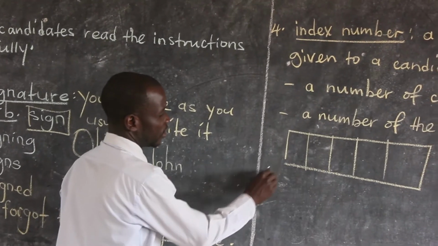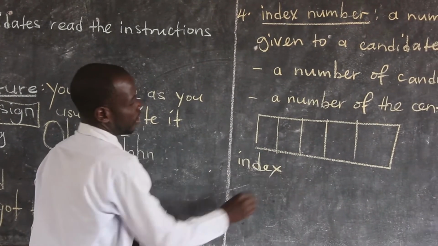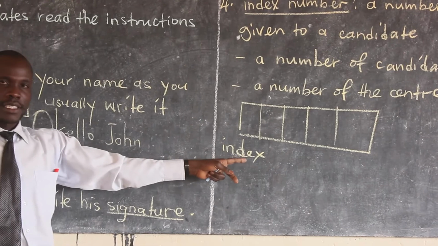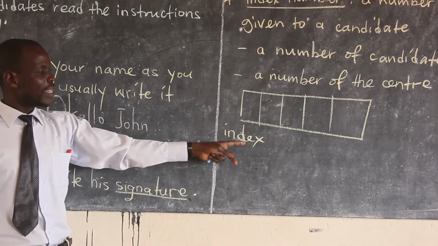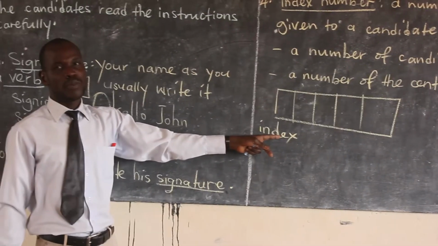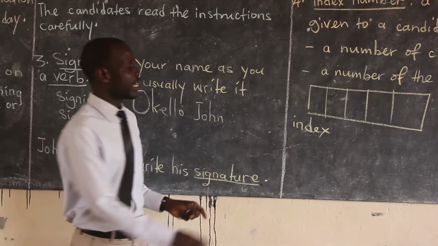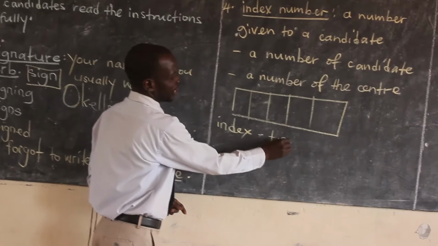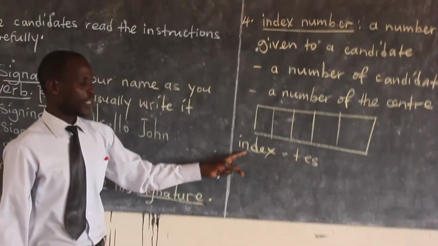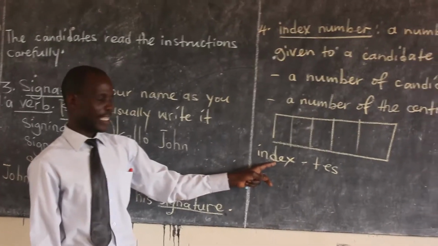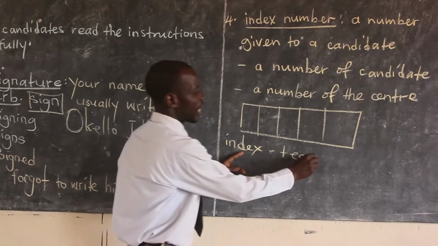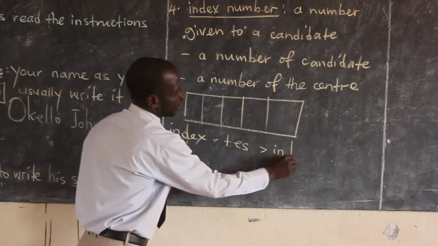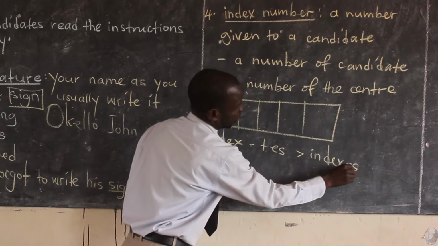Let's begin with the word index. The word index, we can have its plural in two ways. The first form, you can just decide to add es to the word index, so that you will have indexes.